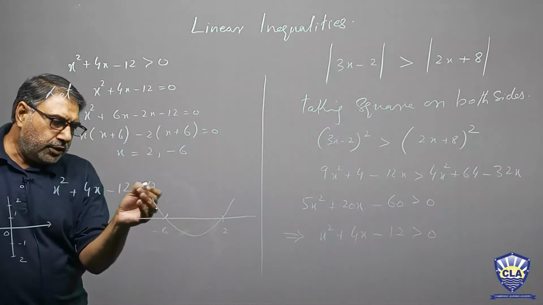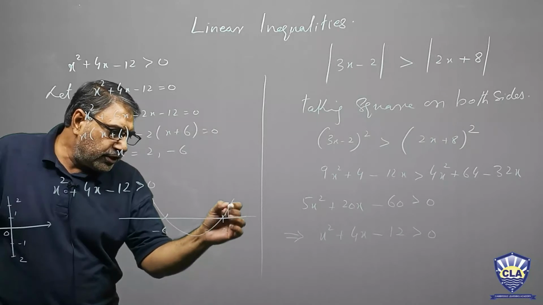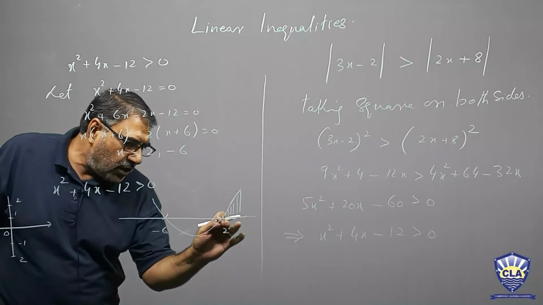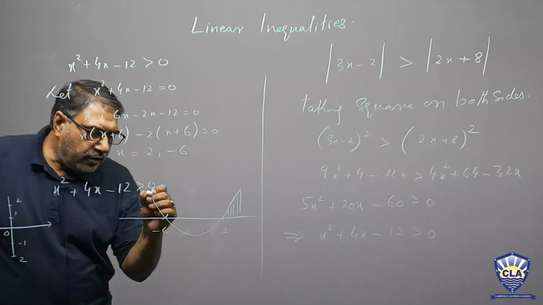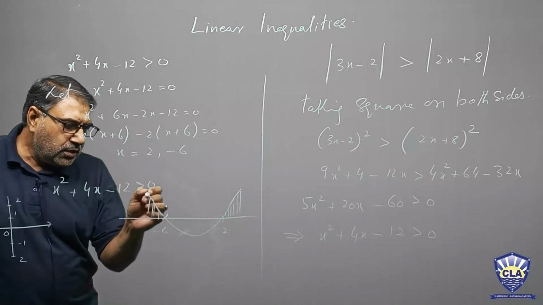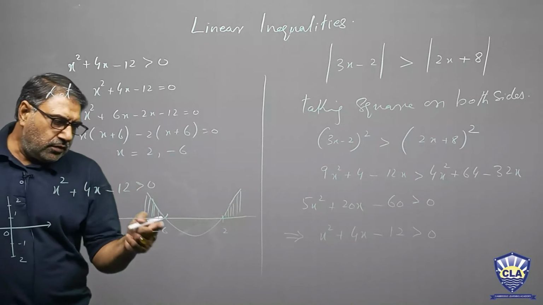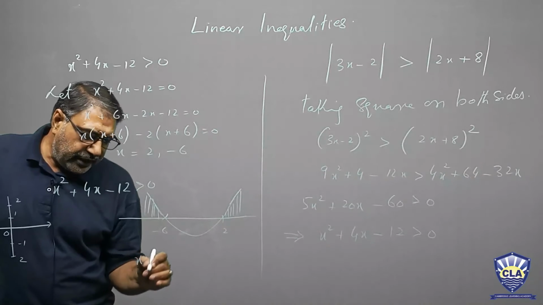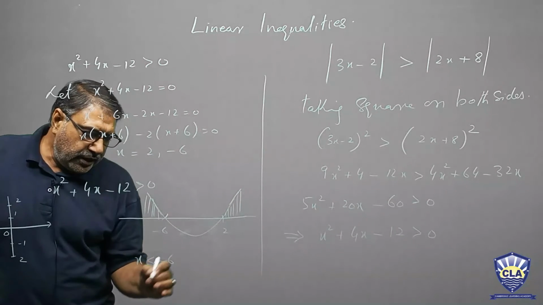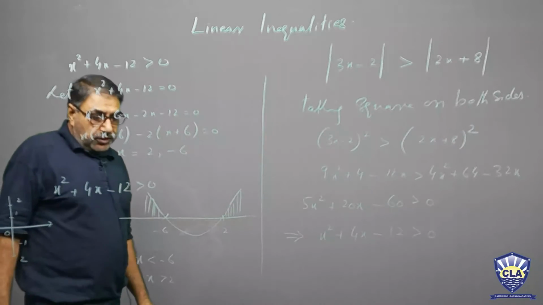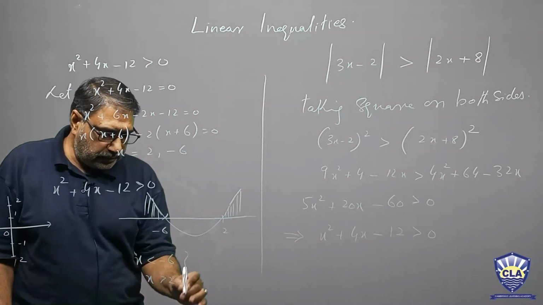So it is positive; shade those sides. The curve is positive when the values of x are greater than 2 and when the values of x are less than −6. Write down the inequality: x is less than −6 and x is greater than 2. It is your answer.